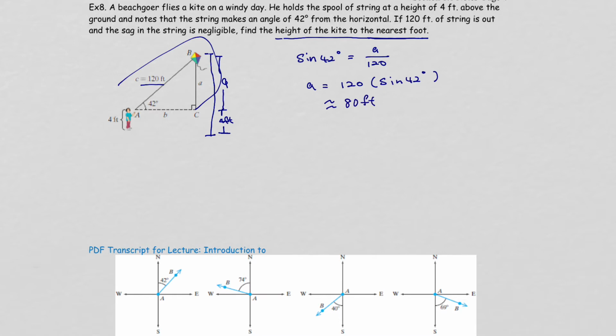That's just a length, right? We wanted to find the height of the kite, the whole thing, which is going to be x. So x is going to be 80 plus 4 feet from the ground. It gives you 84 feet.